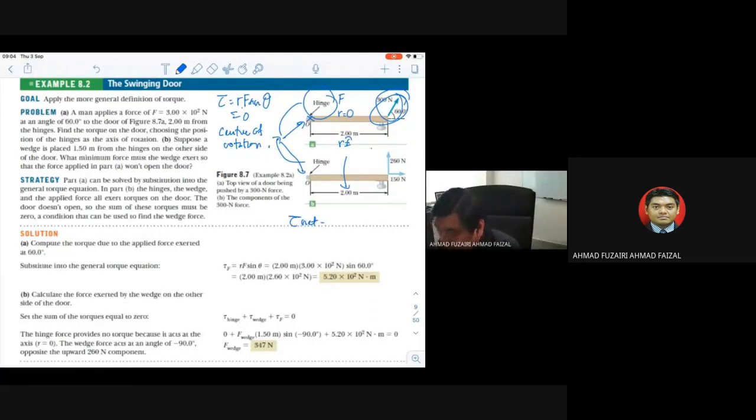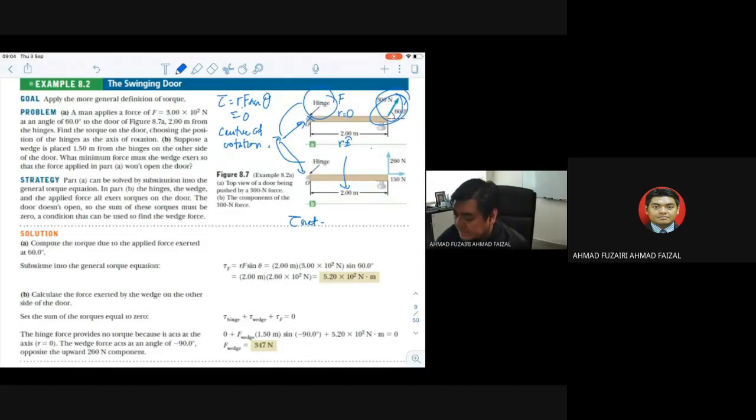Okay. Alright. So what happened is, find the torque of the door choosing the position of the hinge as the axis of rotation. Again, torque untuk hinge dah jadi 0. Sekarang tinggal torque untuk 300 Newton. So which one to choose? R F sin theta.